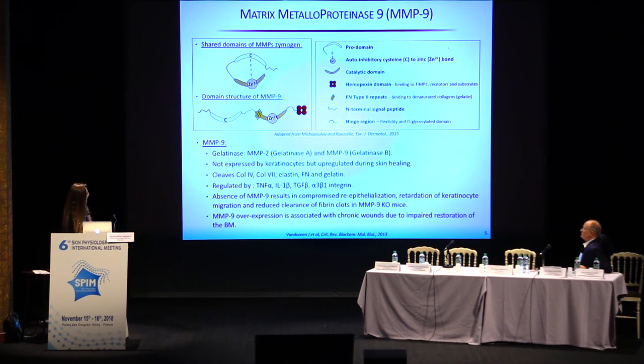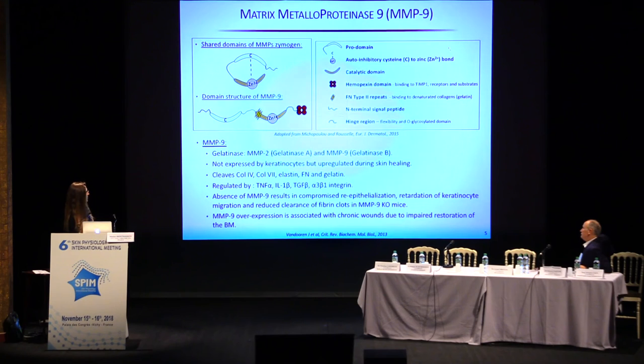MMP9, which is a member of the gelatinase group of MMPs, is also called gelatinase B, and is not expressed by resting keratinocytes, but is upregulated during skin healing. It cleaves collagen 4 and 7, elastin and fibronectin, but also gelatin, and is regulated by several molecules like TNF-alpha, IL-1 beta, TGF-beta, or the interactions with the substrate and alpha-3 beta-1 integrin.